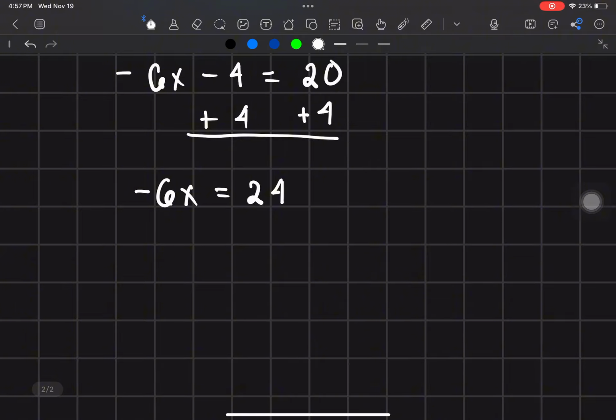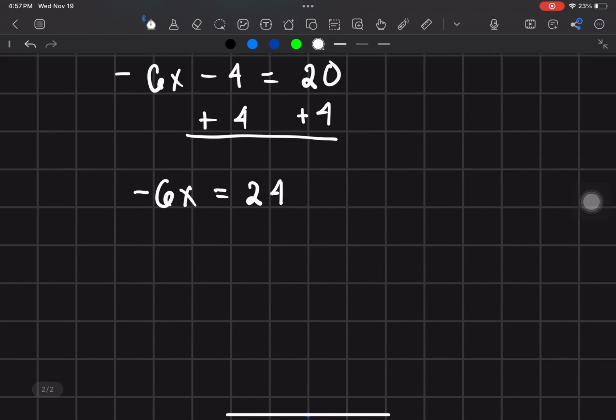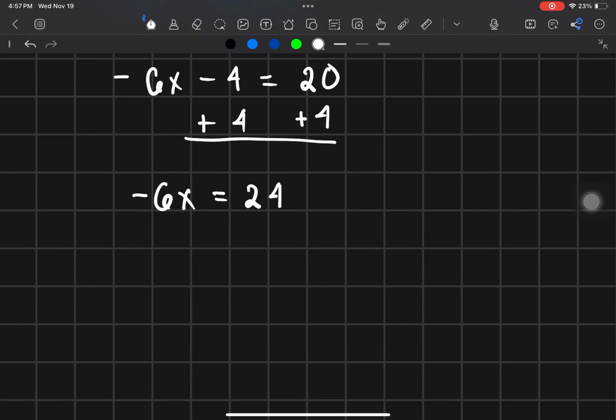However, do we divide both sides by 6 or negative 6? Actually, both ways are valid. However, it would be faster for us to divide both sides by negative 6 instead. Let me show you why.